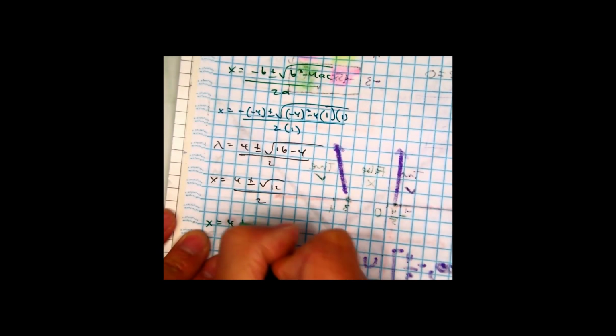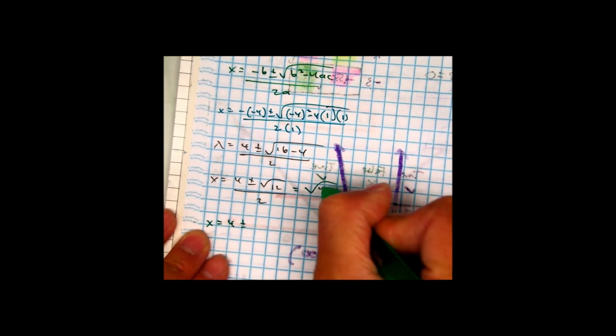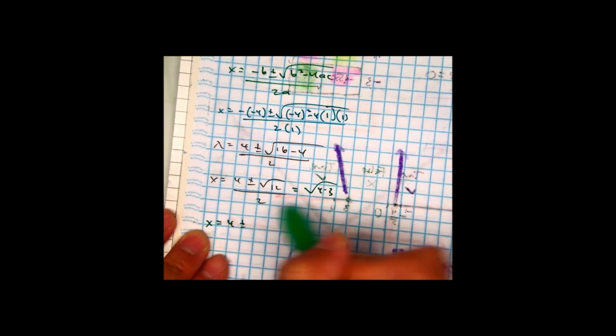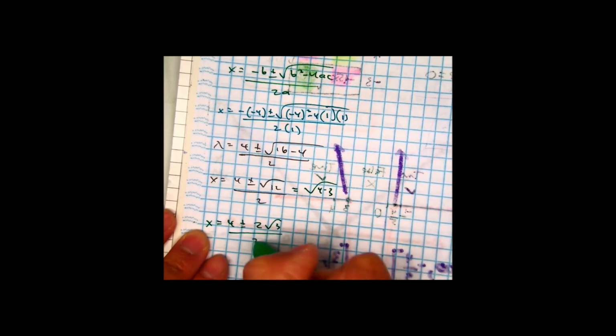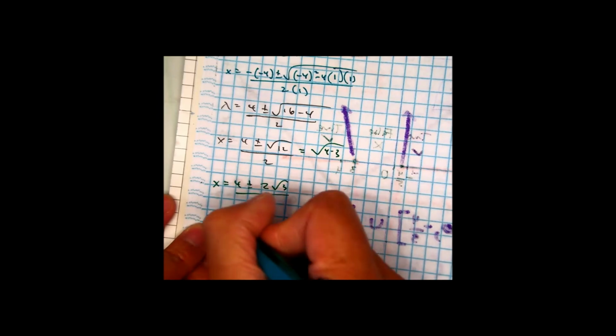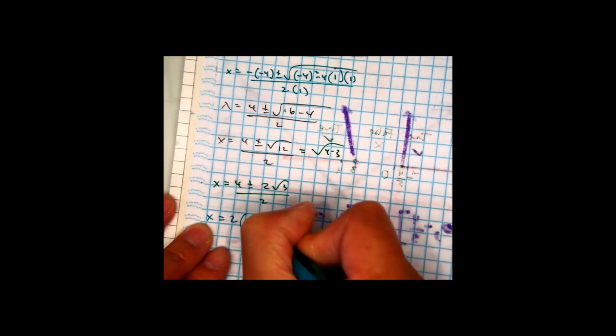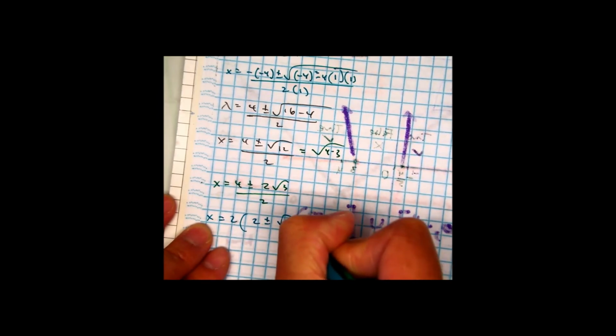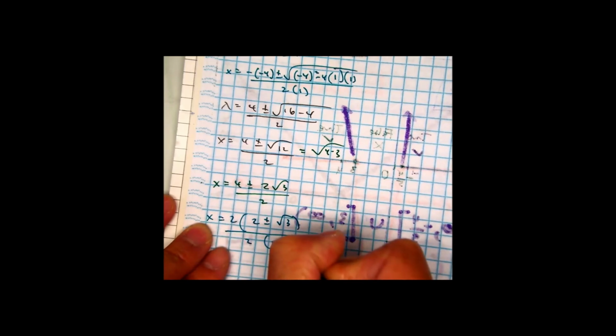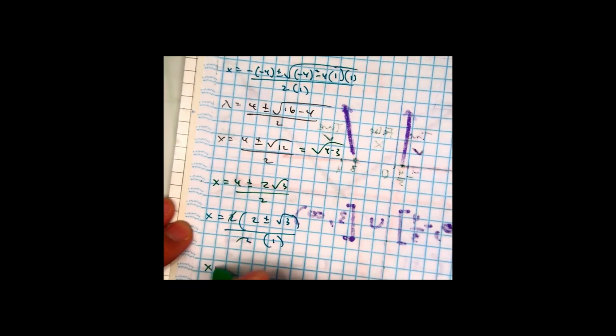This is 4 times 3, so square root of 4 is 2. And then I factor out a 2: 2 times 2 plus or minus radical 3 over 2 times 1. The 2s cancel, and I get x equals 2 plus or minus radical 3.